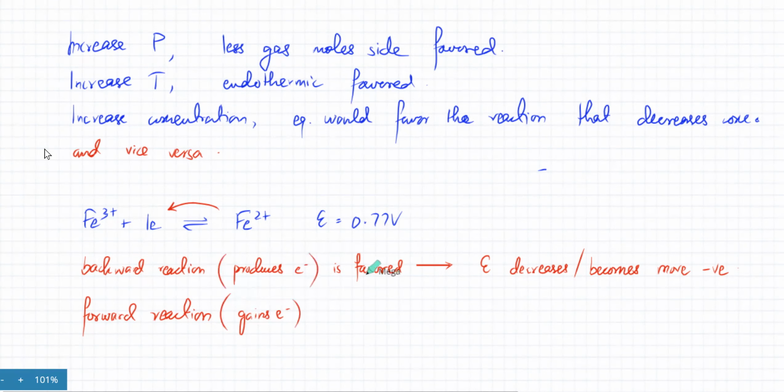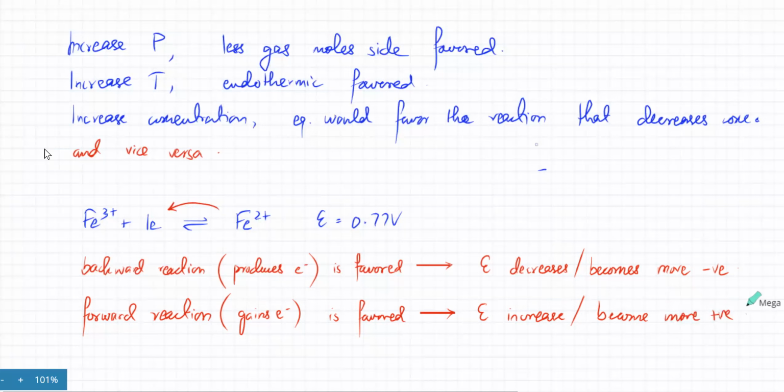So if it's going to gain electrons and that reaction is favored, then in that case the potential would increase, and it would become more positive. Is that clear?